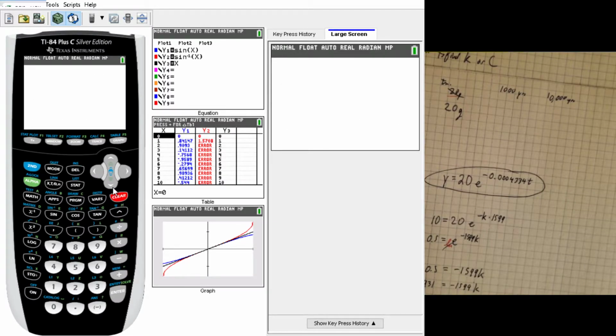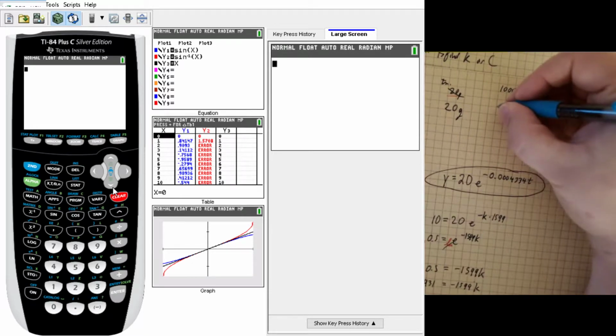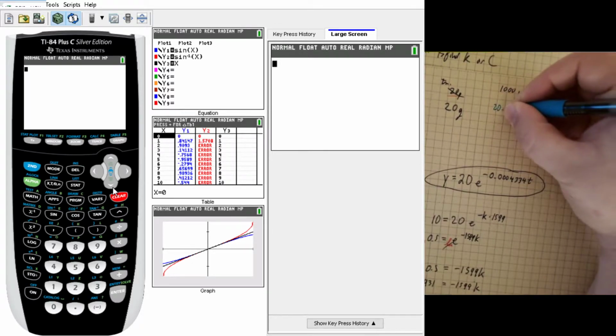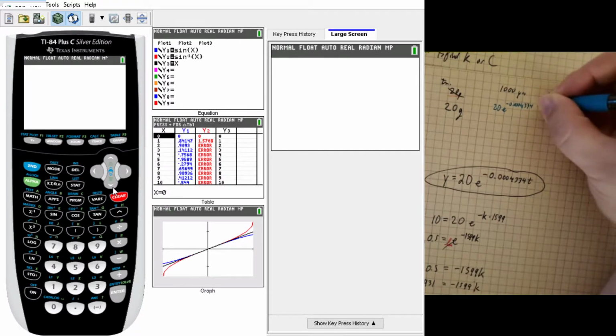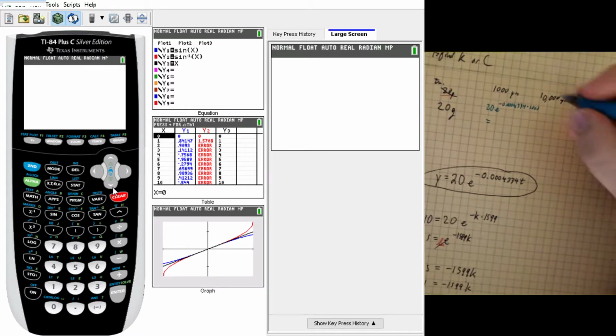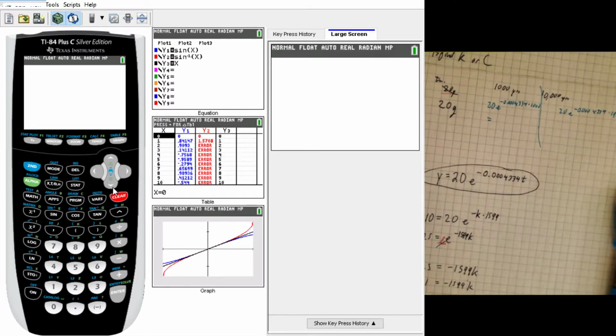So now I'm just going to type in 20 e to the negative 0.0004334 times 1,000 and get an answer. And I can do the same thing with 20 e to the negative 0.0004334 times 10,000, and see how much material I have left.